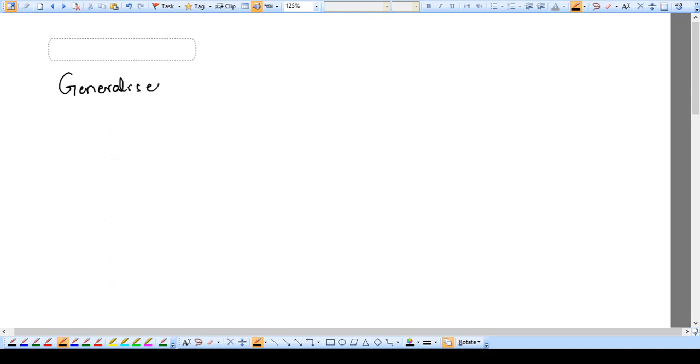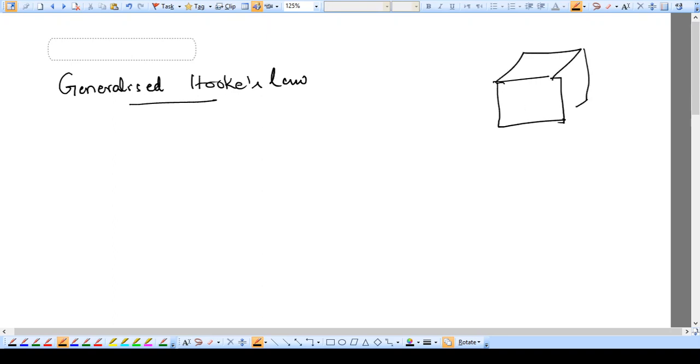Generalized Hooke's law. Consider an element like this as shown in figure, subjected to normal stresses sigma x, sigma y and sigma z. So this is sigma x.